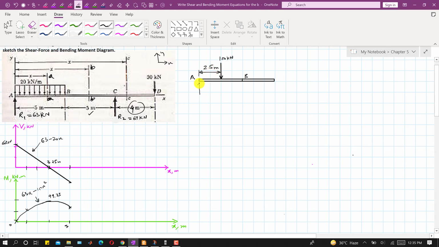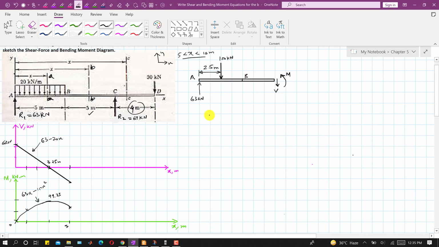Here we have that R1, which is 63 kilonewtons, right? And again we will have shear force here, and we will have the bending moment here, and these are the positive conventions, right? So now this will give us the shear force and bending moment equation for x greater than 5 meters and less than 10 meters.